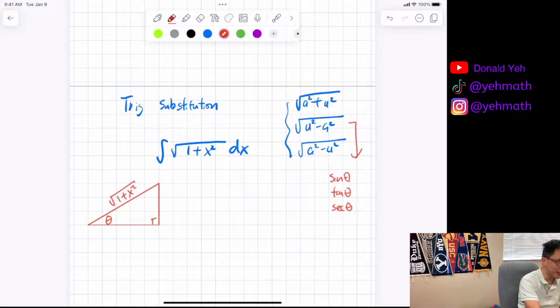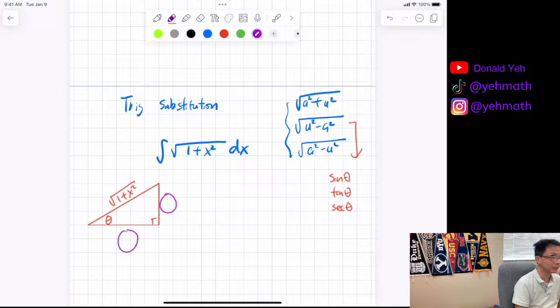Okay, first of all, let's figure out this side and this side. What do you think they are going to be? 1 and x. Good. So which one's 1, which one's x? Does it matter? It does in some way, because we can only use sine, tangent, and secant, and you want the constant to be on the bottom.